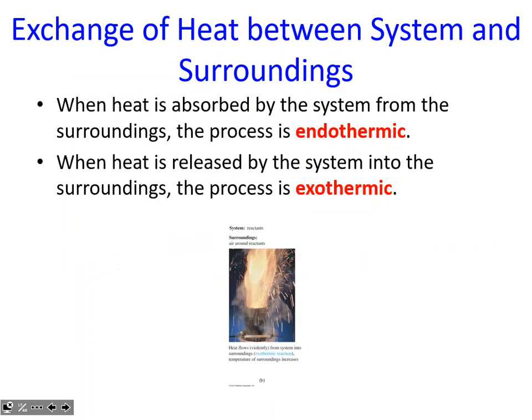Now, when heat is released by the system, exothermic, the temperature should go up on the thermometer because it's in the surroundings. So you should see an increase in temperature for exothermic. And we know that the system is losing there, and you would get a negative delta H versus a positive delta H for endothermic.